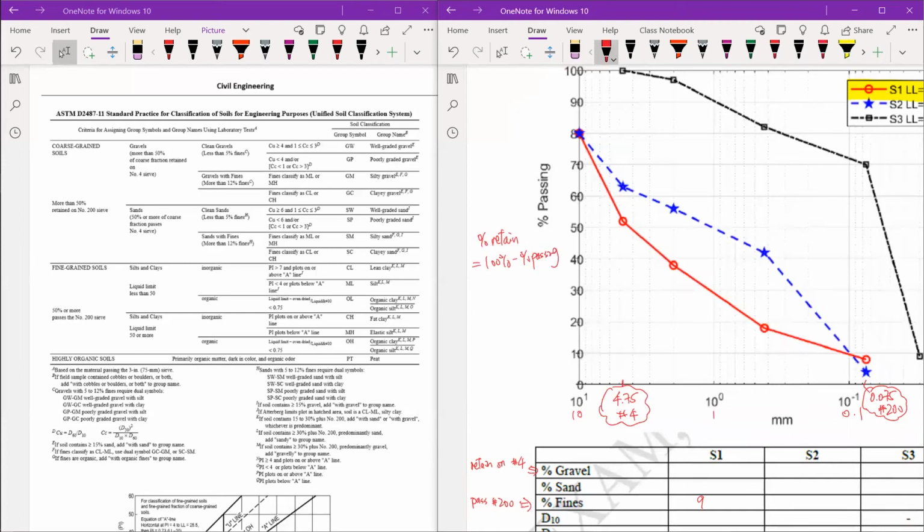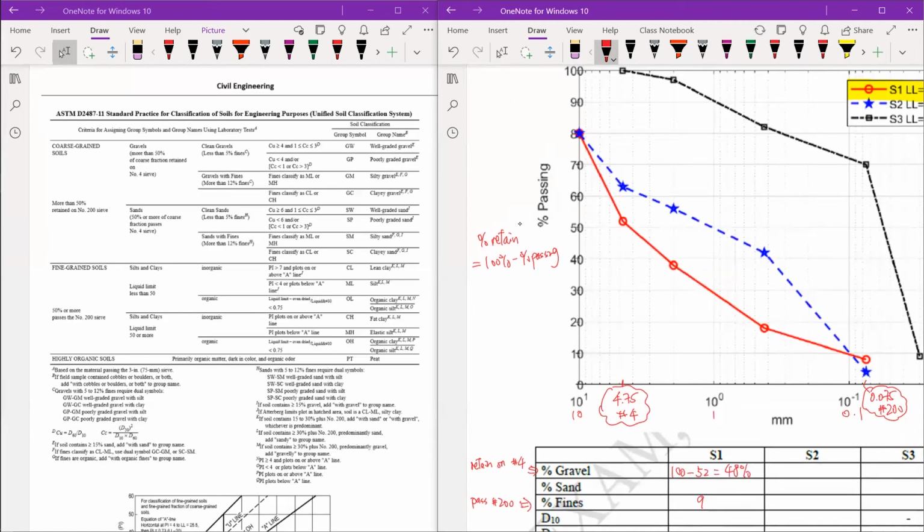So it is 100% minus the 52% we're reading here for the number 4 sieve. Then we know we have 48% retained on number 4.